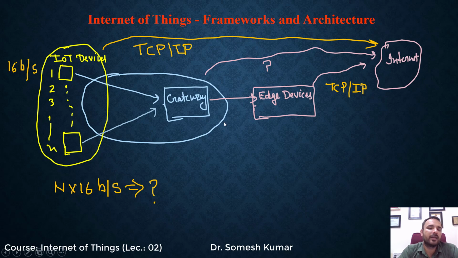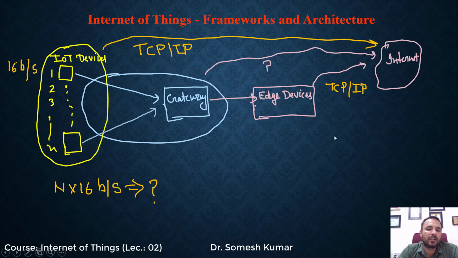The gateway student can send the data to the edge devices, meaning to other students, saying, okay, please help me to complete the assignment. Because the other edge devices can process the assignment and send this information to the internet. The purpose of edge devices is to process the data.